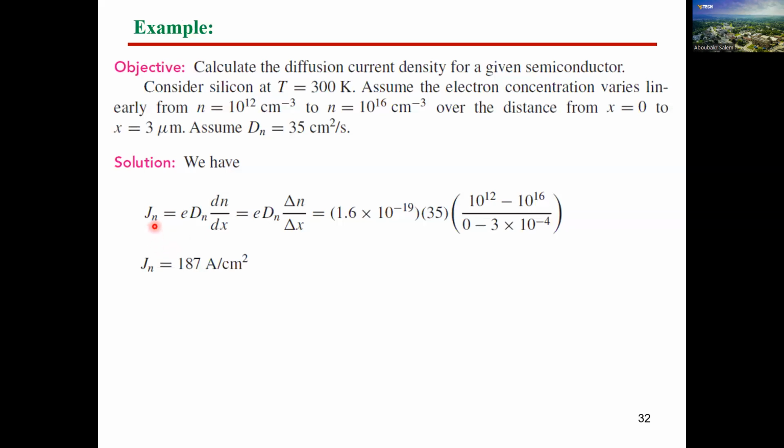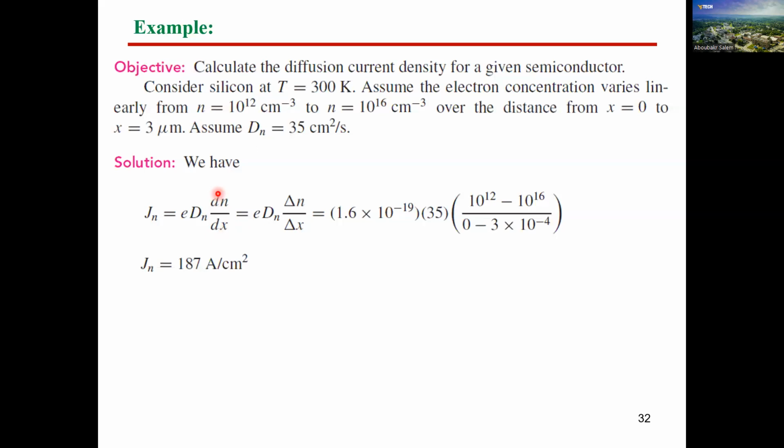So simply we can say now Jn equals e Dn times the gradient of concentration. So e is given, 1.6 times 10 to the power minus 19. And again, if it is not given here, it's a constant and will be given in the exam. Dn is given as 35 centimeters squared per second, and the gradient we can calculate easily.